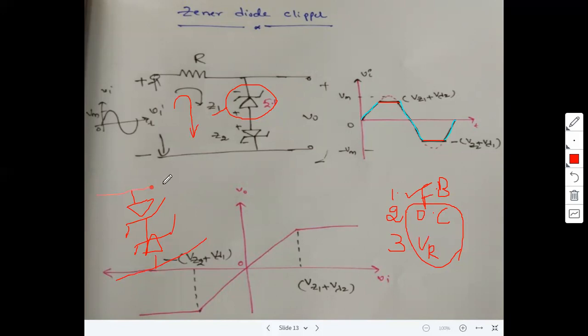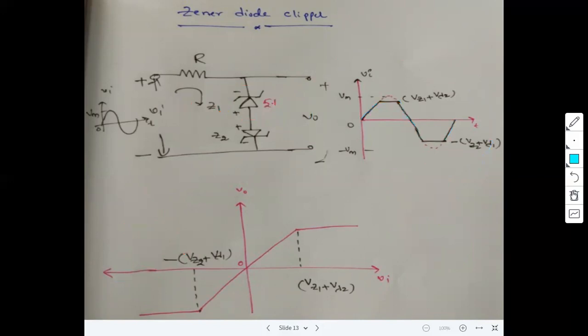And there is some series resistor here. Another way of connecting Zener diodes. Okay, there is a resistor here. In this case also we get the same kind of output waveform. So this is about the Zener diode clipper circuit, right?